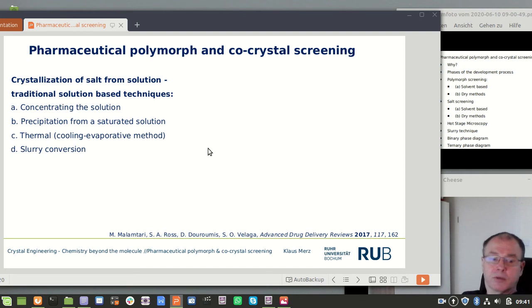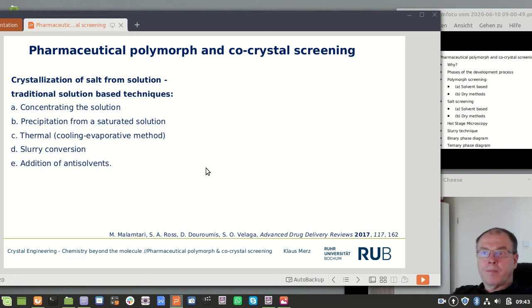So with slurry conversion, well, it was not yet common in our labs, but in general, if you want to improve or check for more stable compounds, slurry conversion becomes more and more important in the field of material improvement.